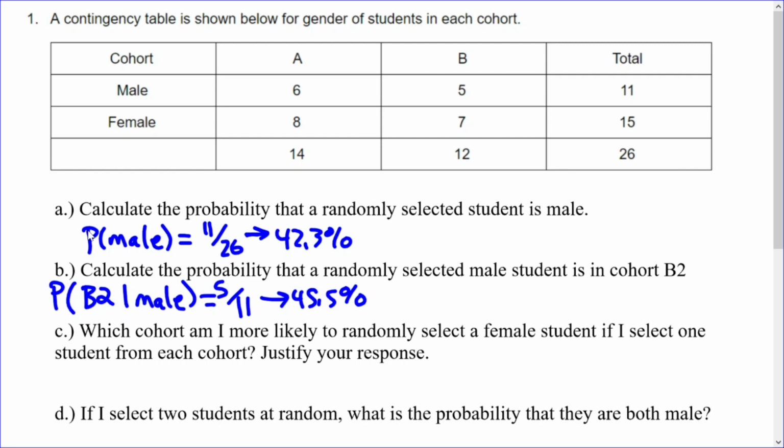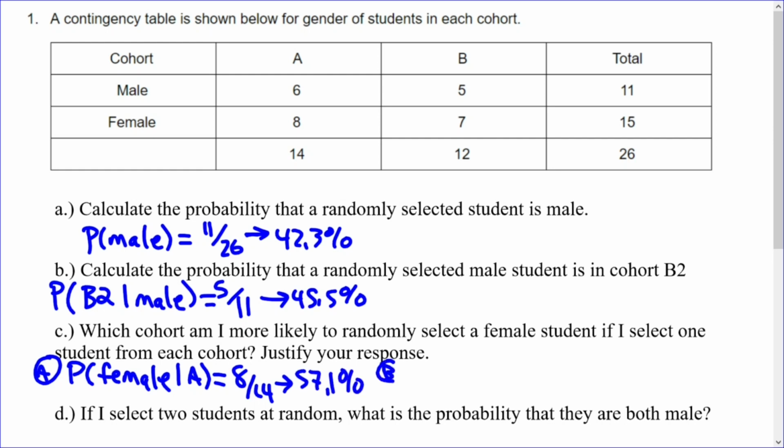I'm going to start with cohort A. The probability of being female, given that we've selected cohort A. So within cohort A, we have 8 female students out of 14 students. So 8 divided by 14 gives us a percentage of 57.1%.